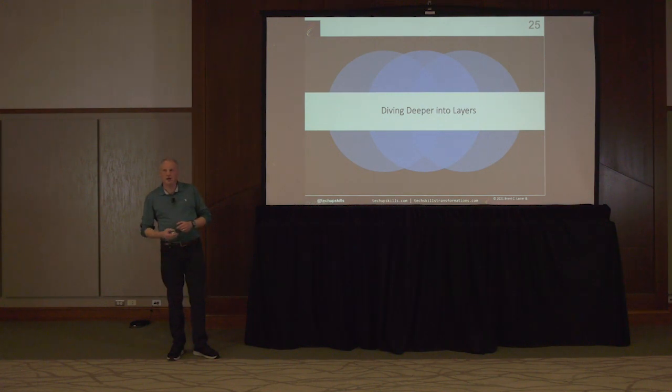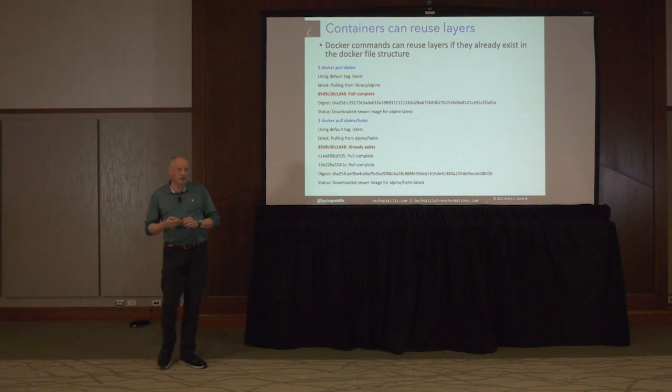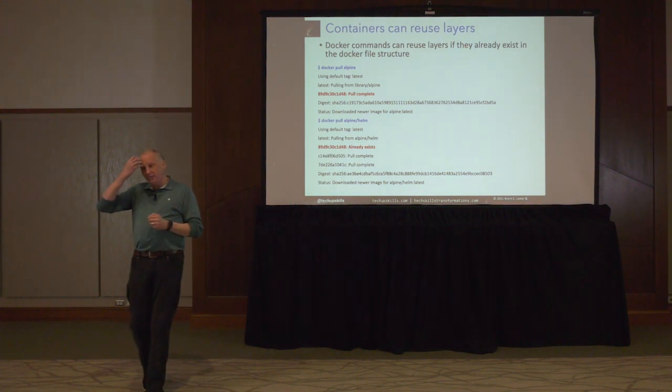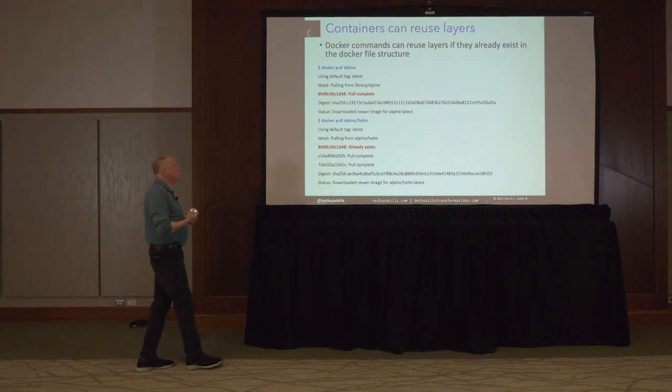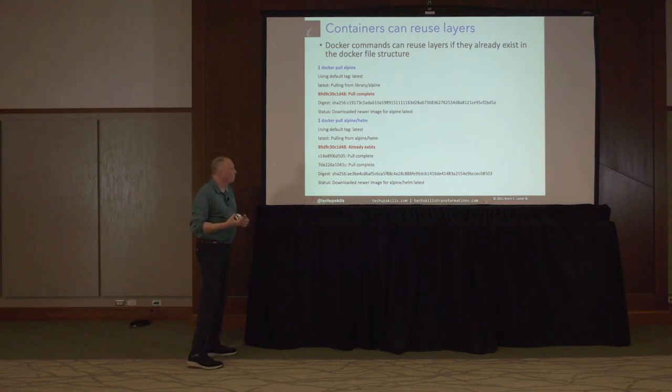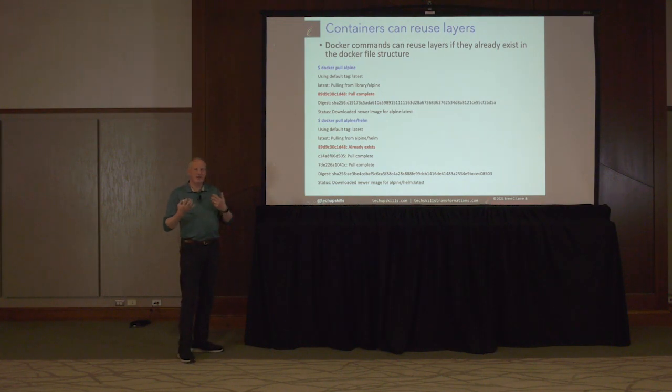All right, let's talk quickly about diving a little bit deeper into layers. Containers can reuse layers. We mentioned that when we pull things down, layers get stored on the operating system as structures there. And then when we go to pull down other images, if those images happen to be using the same layer that already exists, then we don't have to pull it again.